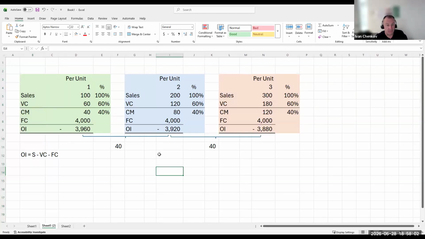So if I want to start generating operating income at some point, what do I have to do? First is to get my contribution margin equal to the fixed cost. That's going to save me from losing money. Yes, I'm not going to make money, but at least I'm not going to lose money. And after I've passed the point of the fixed cost, then I'm going to start generating operating income.